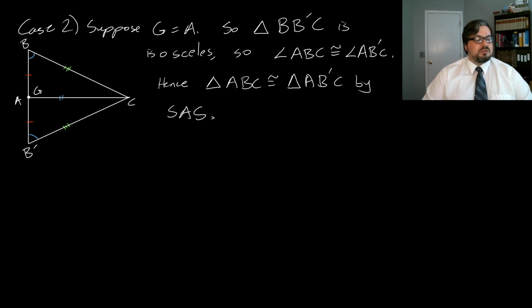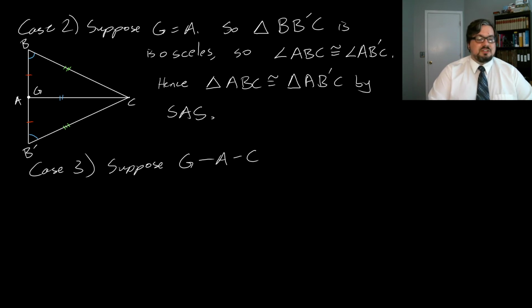All right, so what about case 3? Case 3 is similar to case 1. We're just going to use angle subtraction instead of angle addition. And once we sketch out the situation, it'll become fairly clear, and we may not go through the entire proof.